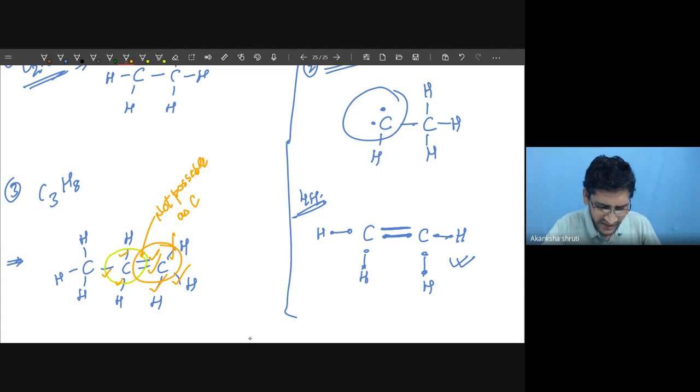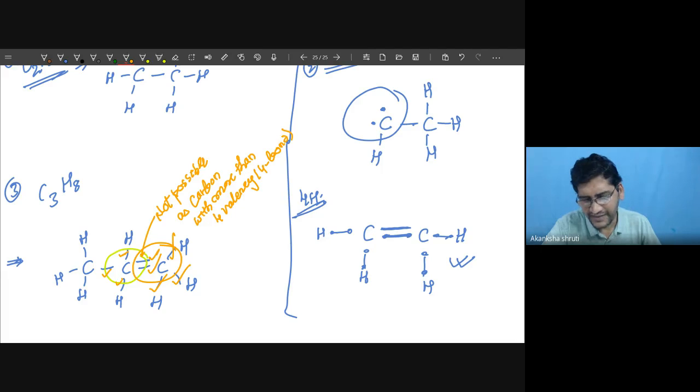Carbon with more than 4 valency, and 4 valency means 4 bonds, whatever the valency, that many bonds. Not possible. Students, never make such a mistake.